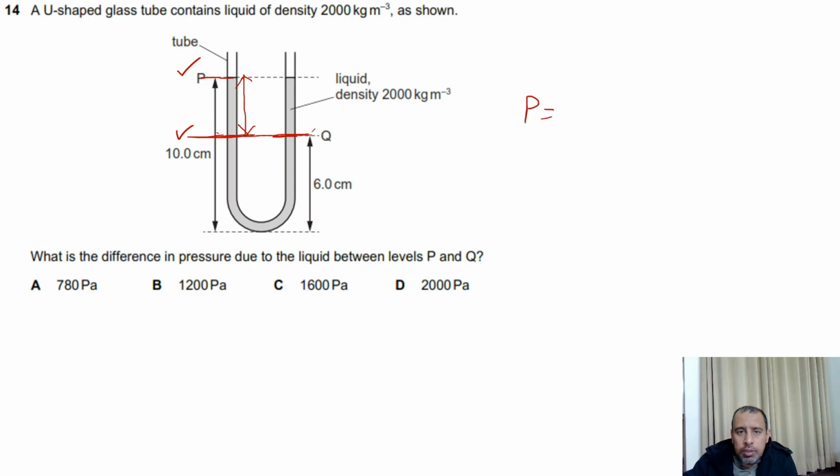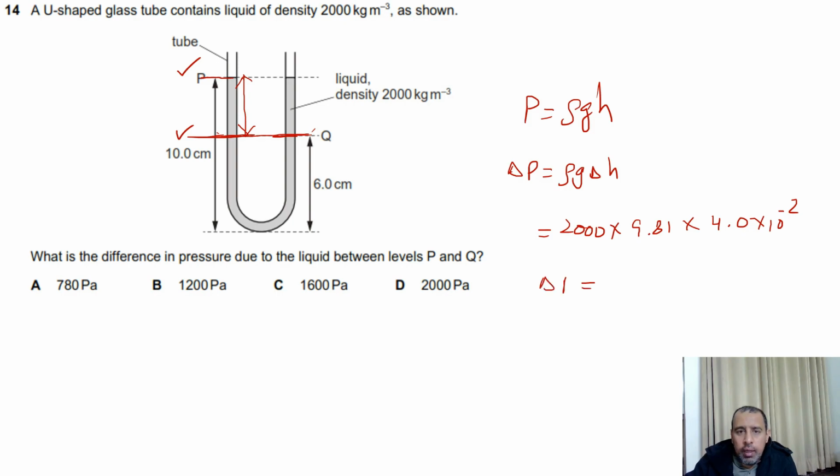That's why the pressure is rho g h. In fact, delta P is rho g delta h. The density is 2000, the value of g is 9.81, and h is 4 centimeter, that is 4 into 10 raised to minus 2, because we convert centimeter into meter to get the SI unit. That's why delta P is equal to 780.4 in fact, but the closest one with 2 sig fig is 780 Pascal. This is the correct answer.